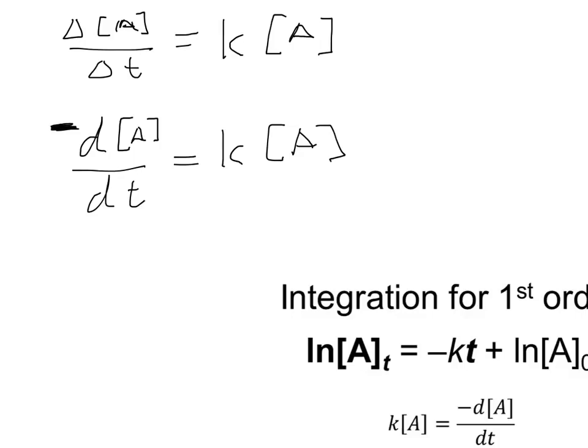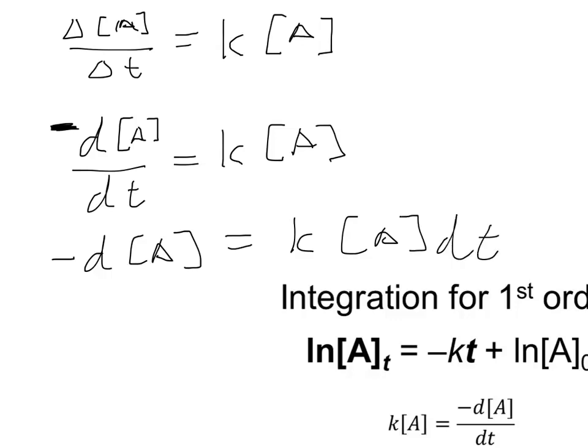So our rate is really a negative there. It's really the opposite of a positive rate. So with that in mind, we can do a little bit of rearranging algebraically to get our A terms over on the same side.